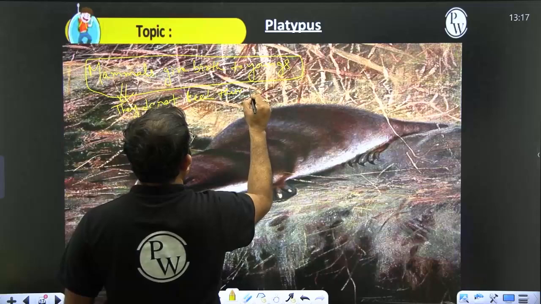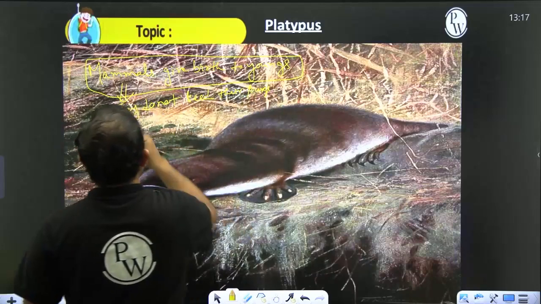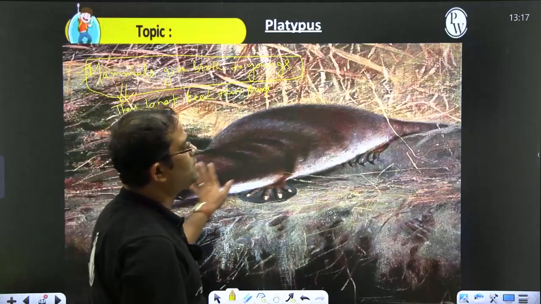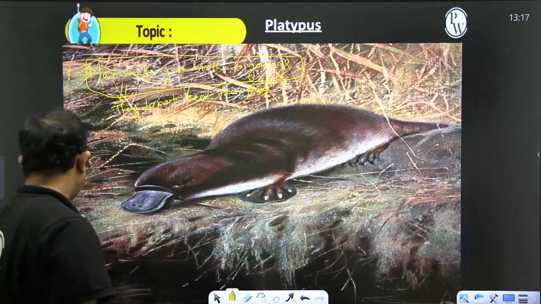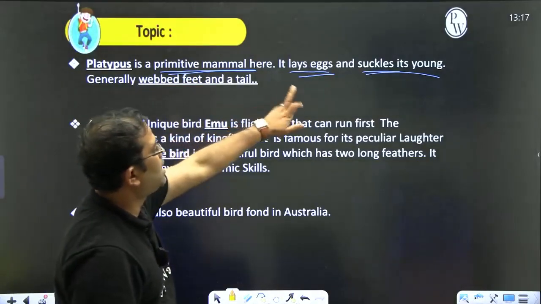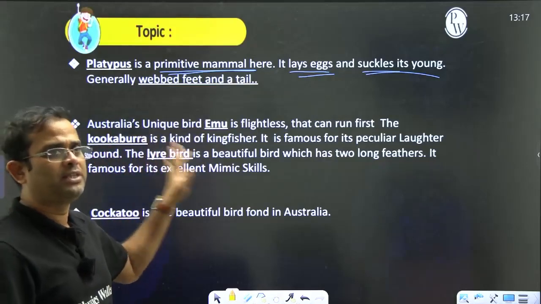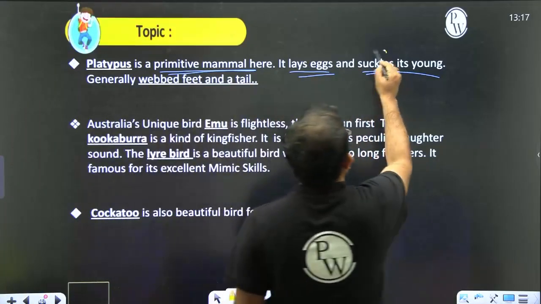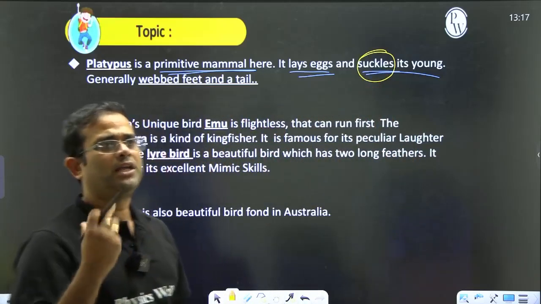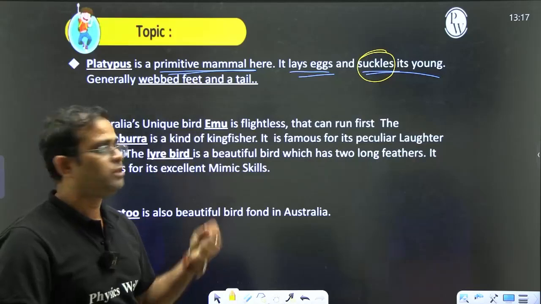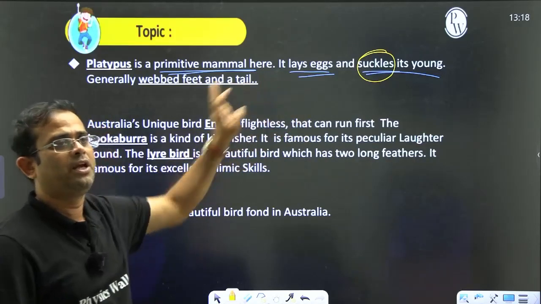But in the case of platypus, it is completely exceptional. Platypus lays eggs but suckles its young. That means they are basically breastfeeding. Suckling its young means they take milk from the mother. So it lays eggs, but its young ones suck milk.